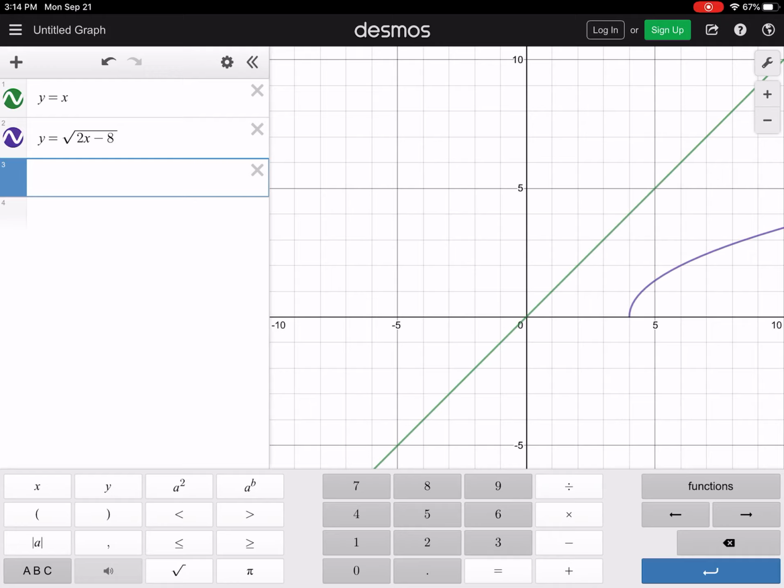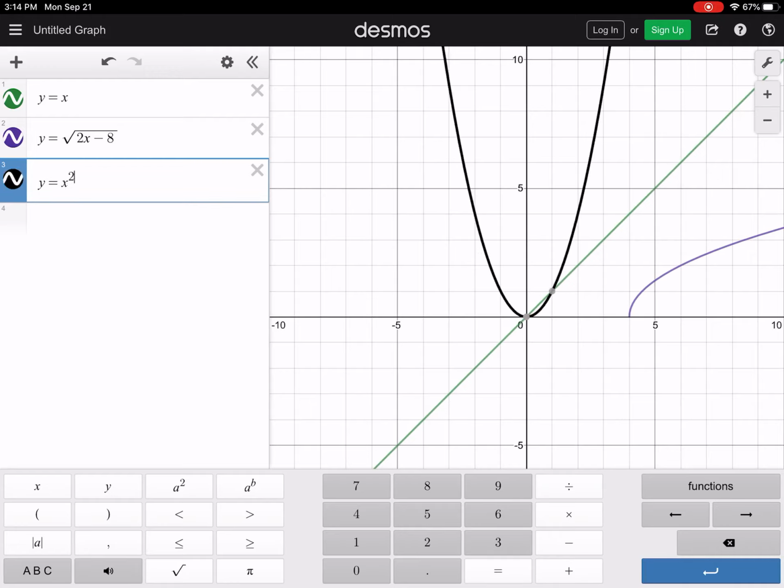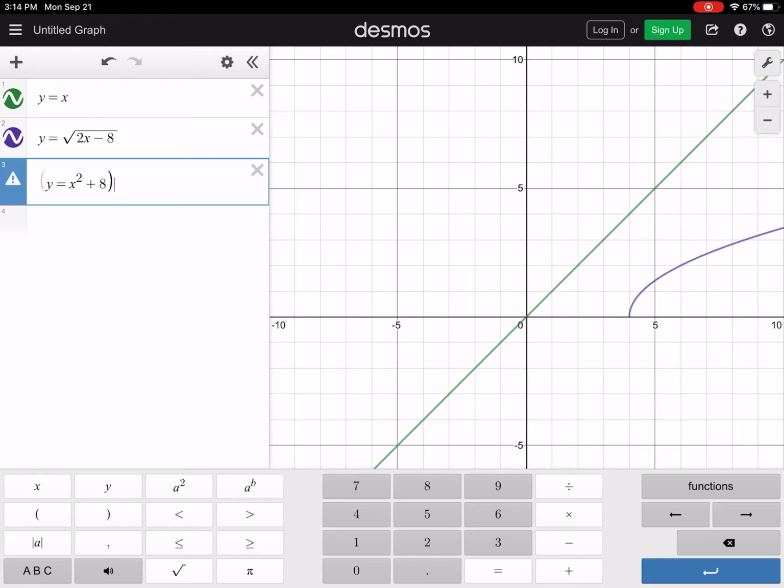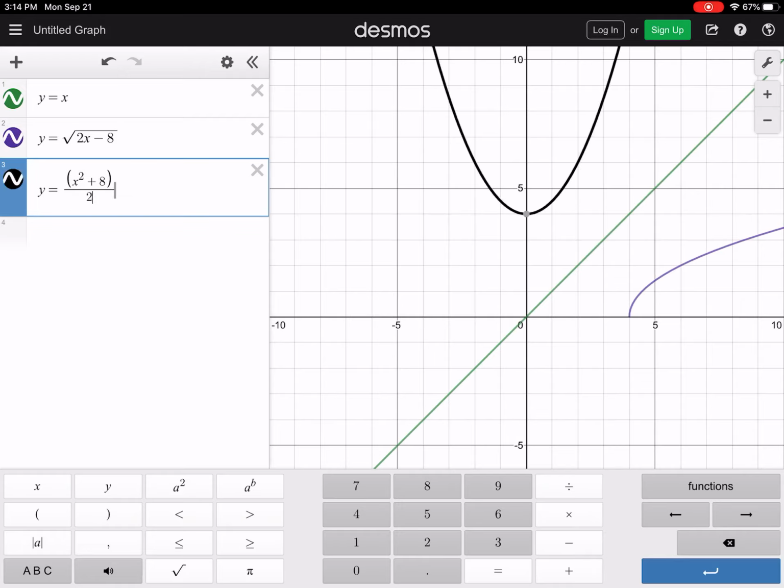We'll say y is equal to (x squared plus 8) all of that divided by 2.